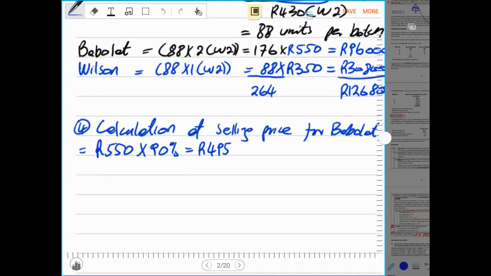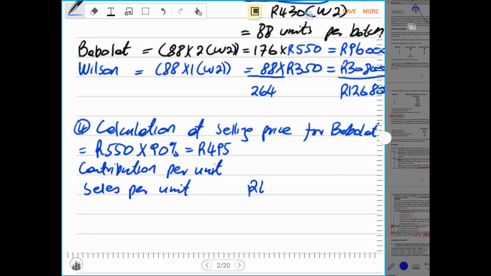So now we're calculating our contribution per unit, and our contribution per unit will be sales per unit, which is the selling price per unit, calculated at 495. Then we have our variable cost.